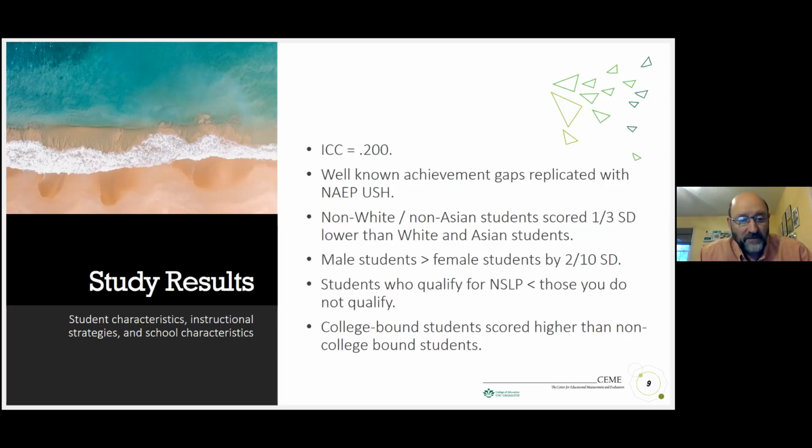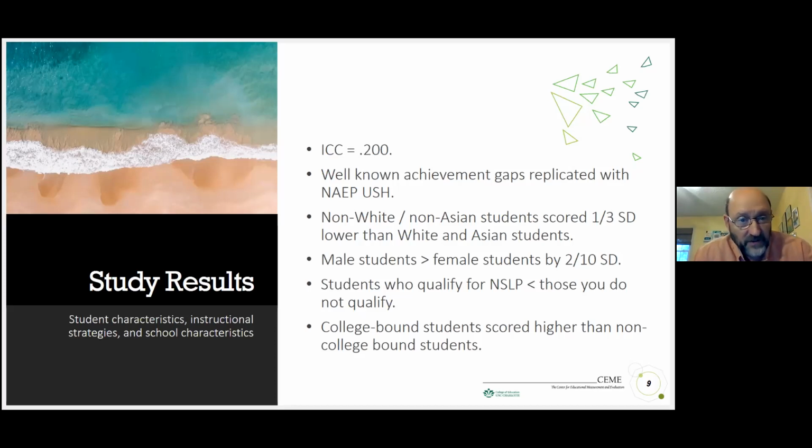And not surprisingly, a lot of the well-known achievement gap issues that we see in educational research so frequently were replicated with this particular study of NAEP US history scores. For example, non-white, non-Asian students scored lower than white or Asian students, and the effect size there was about 1/3 of a standard deviation. So there is an achievement gap in this sense. Also, male students scored higher than female students, effect size about 0.2 standard deviation units.